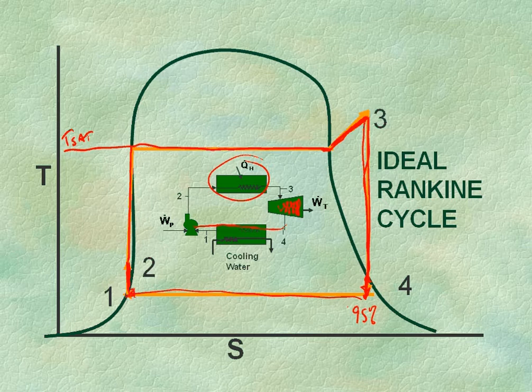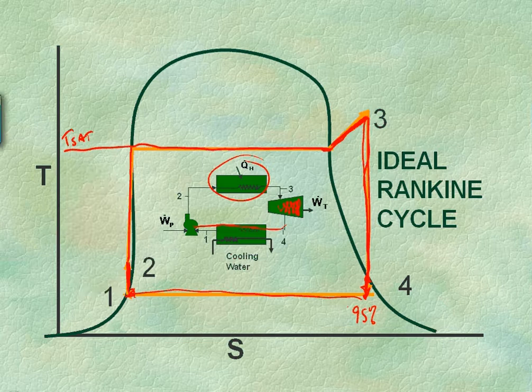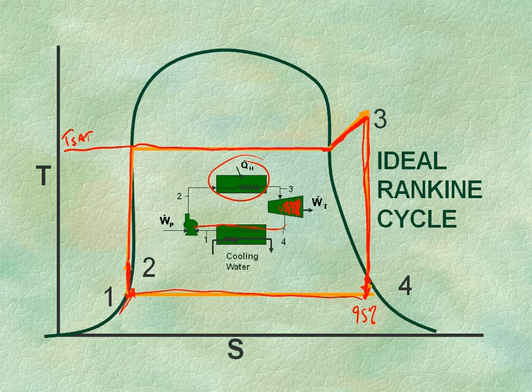In truth, you won't use a saturated liquid. We'll use a subcooled liquid, so you may come down here to a lower temperature and subcool before you actually go into your pump.